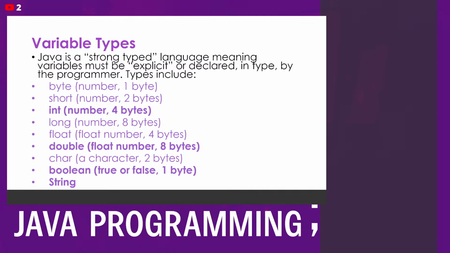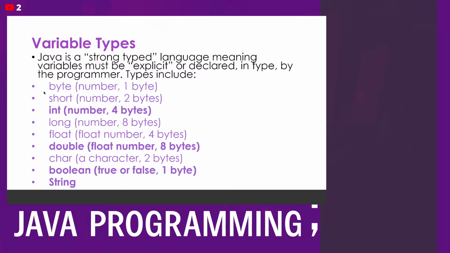Since Java is a strongly typed language, meaning that variables must be explicit or declared in type by the programmer, we have to include types as we declare variables.